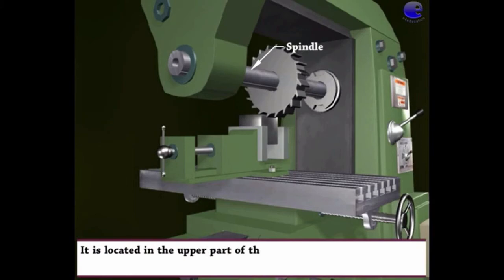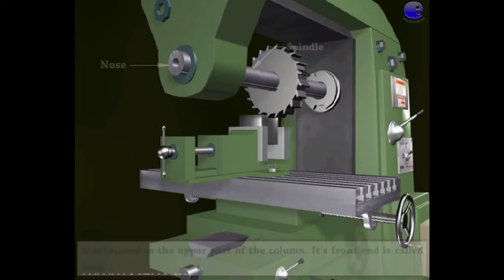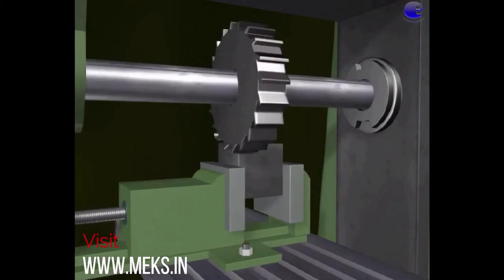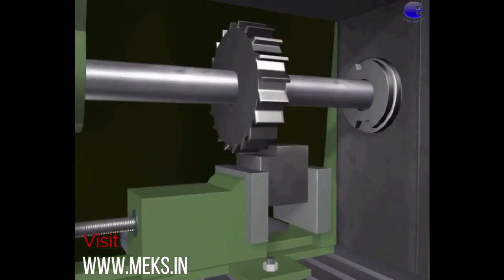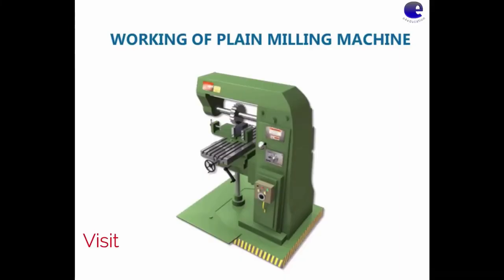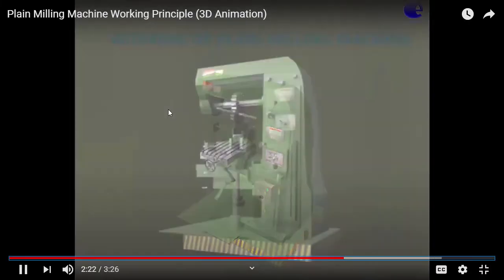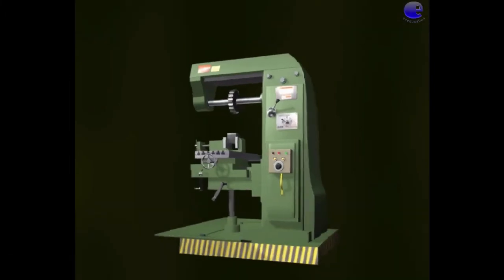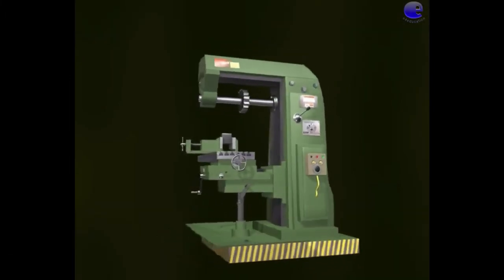That is the spindle, which I have also called the arbor. Once the arbor starts rotating, that rotates the tool, and once the tool and workpiece come in contact, the machining process happens.